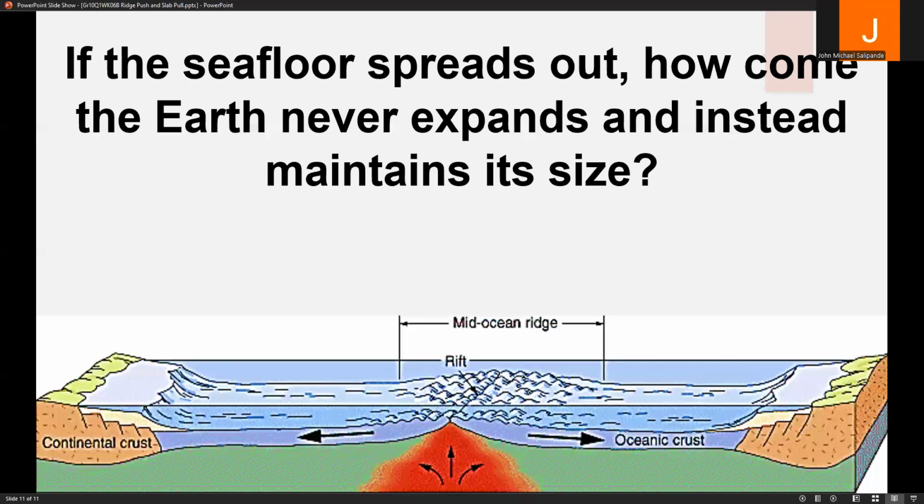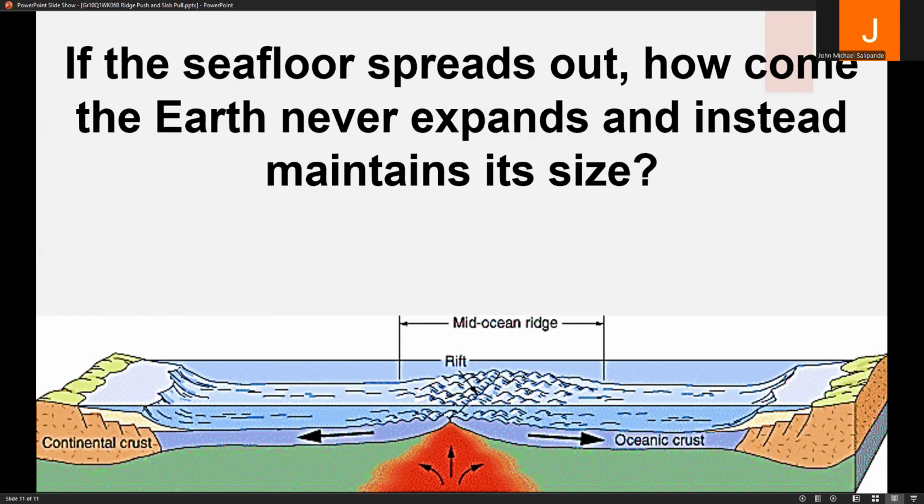But to wrap things up, to conclude this lesson, let's answer this question. If the seafloor spreads out, remember, at approximately 3 centimeters per year, how come the Earth never expands and instead maintains its size? When I translate it to Tagalog, kung naghihiwalay ang oceanic crust, how come hindi naman lumalaki ang planet Earth at hanggang ngayon ay na-maintain pa rin yung kanyang size?